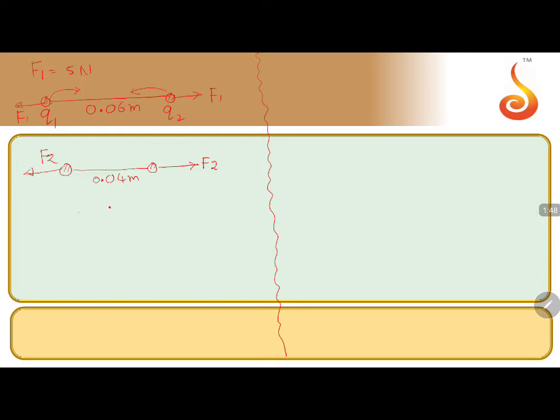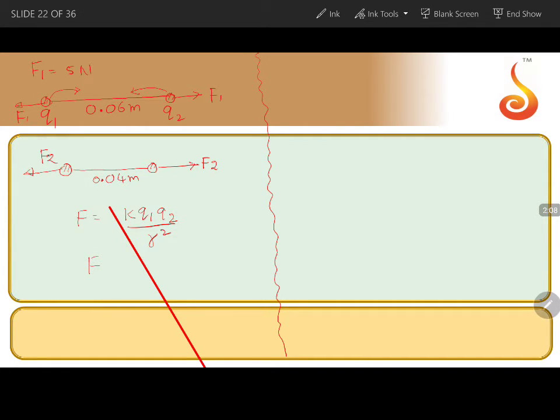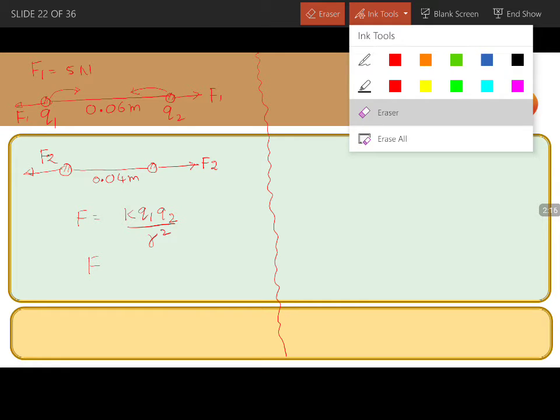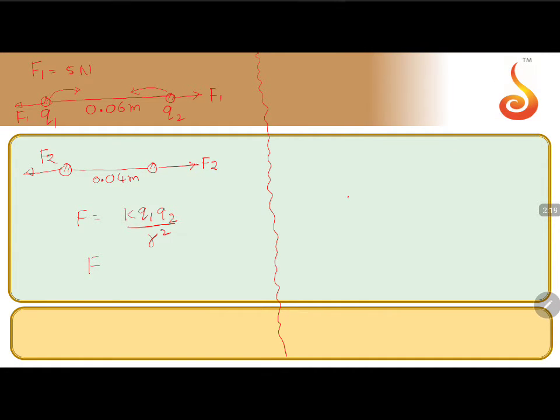So you all know F is equal to K Q1 Q2 divided by R square. So when K Q1 Q2 is the same for the two conditions, then F is proportional to 1 by R square.